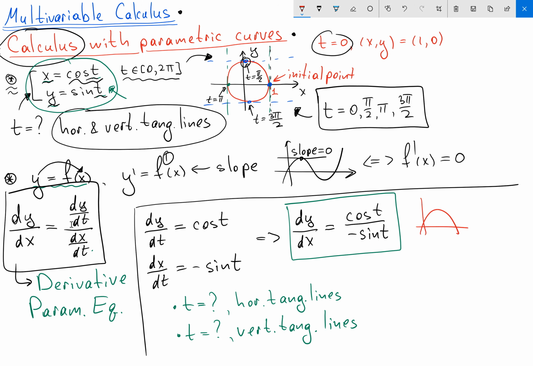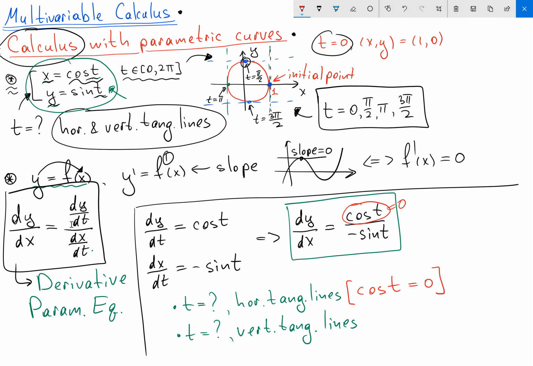That if I have a graph, my slope is 0. So I want to find for which t the right-hand side is going to equal 0. But this is going to be true if and only if the top part equals 0. So I want to know when my top part equals 0, and again, this is for my horizontal tangent line. So I want to know where cosine t equals 0.